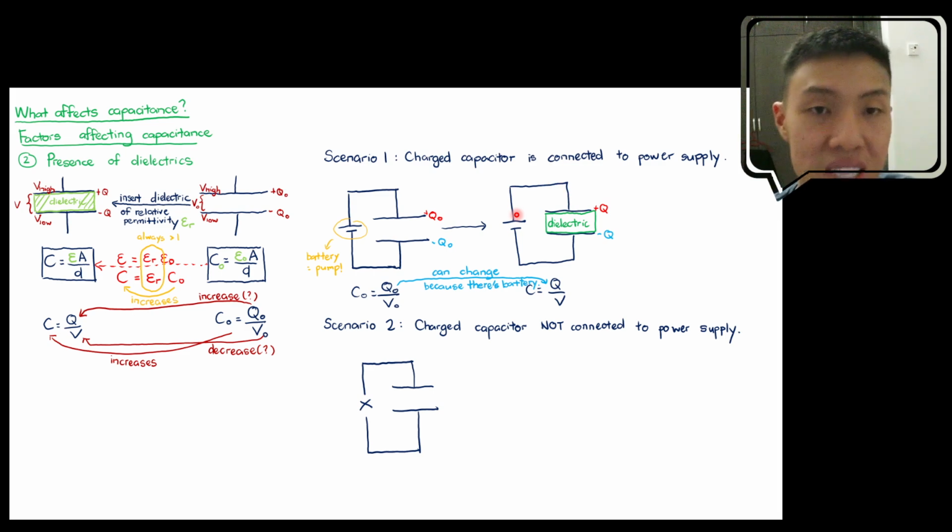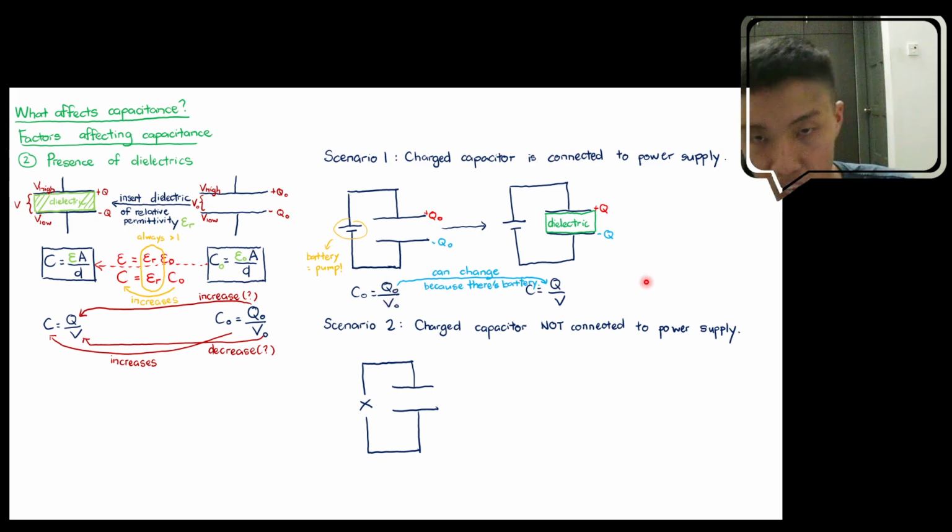The battery is still connected to the capacitor. So if the battery is 1.5 volt, then the capacitor right now is 1.5 volt. No matter if you insert a dielectric into it, because it is still connected to the power supply, you still have to obey the same voltage, which is 1.5 volt. That's why the voltage over here cannot change.